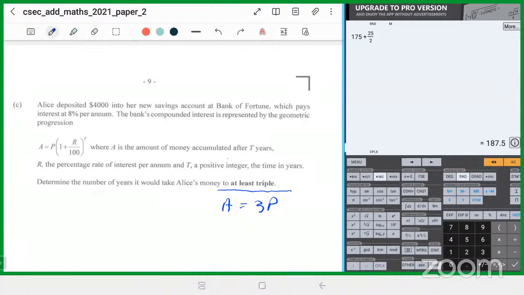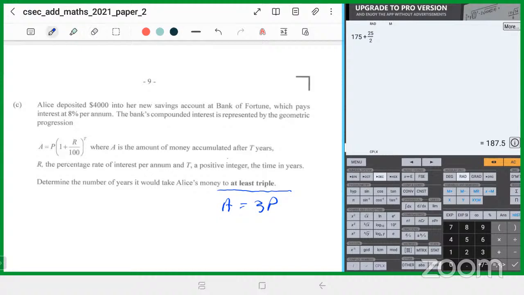So if you put in $100, you want it to triple to $300. This would have been the P, and this would have been the amount that you have accumulated if it was tripled. From this relationship, you can see that the amount is equal to 3 times the original amount.